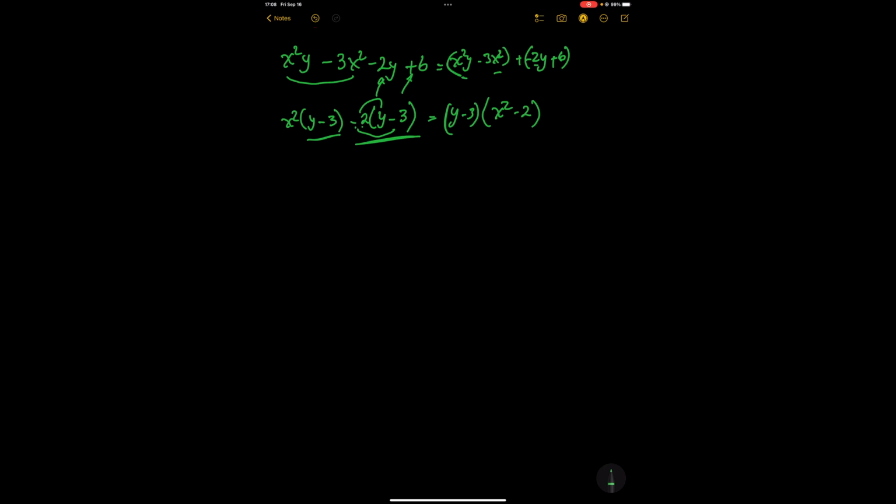Now I could keep on going, but I'm going to keep it here because I don't know if you guys already got to that part yet, where a squared minus b squared is equal to (a - b) times (a + b).